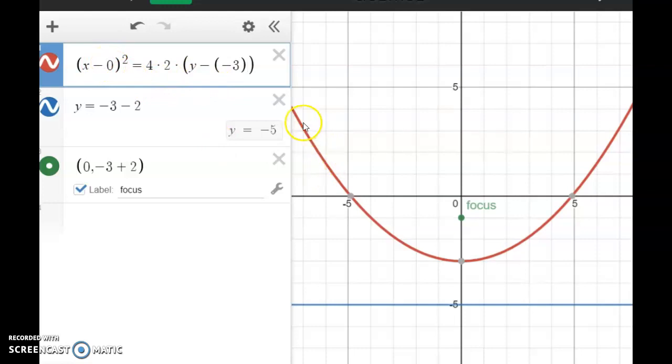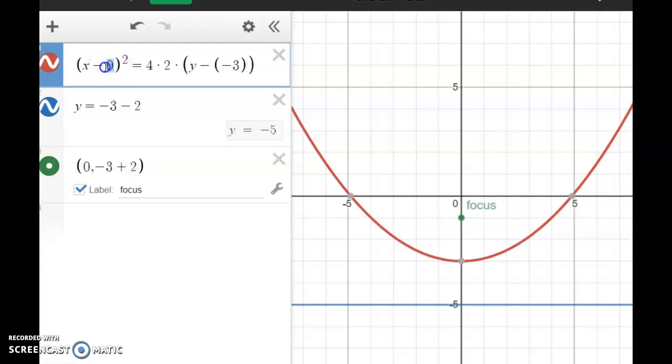That tells me right away where the vertex is. So again, here's my equation for the parabola. There is the 0 and the negative 3, and in fact, there it is: (0, negative 3) is the vertex. Writing it that way tells me right away where the vertex is. The focus I had to compute myself, just plug it in.